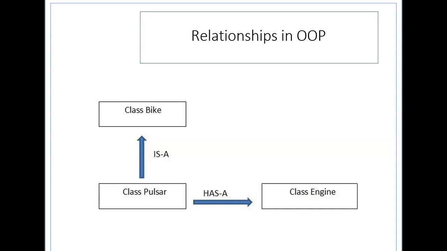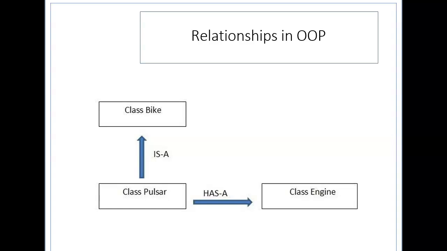First, if we'll see class bike, there is one more class pulsar and there is one more class engine. Now class bike and class pulsar. So the class pulsar can inherit from class bike. So class pulsar is a class bike. So pulsar is a bike. So that is called is-a relationship. So this is inheritance.